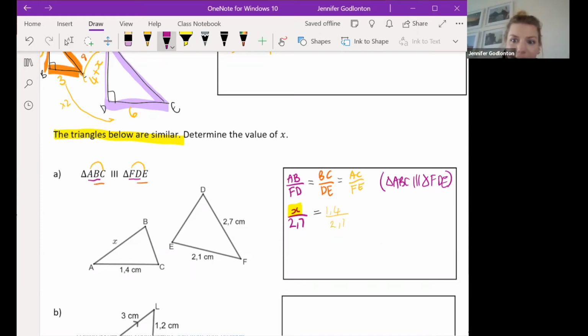Yeah, that's a great start. So we can say 2,1 times x is equal to 1,4 times 2,7. Now I'm still trying to get x to be alone. So what would I do in my next step, Unati? Would you first times the 1,4 with the 2,7? Yeah, you can definitely then multiply those after you divide it by the 2,1.